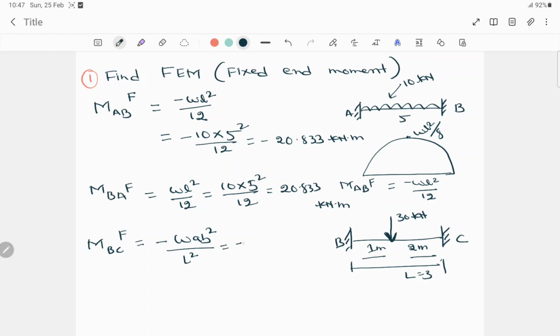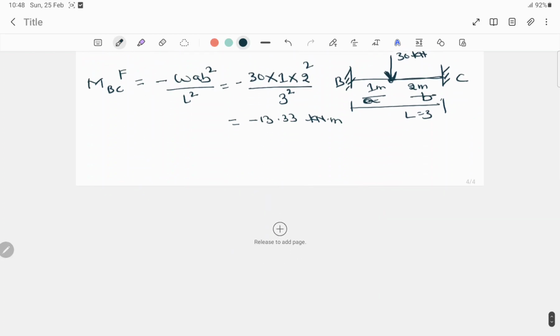Then the value will be minus W is 30, into the distance from B to this point, which we assume as small a, and from here to here we assume as small b. Now a is 1, into b is 2 square, divided by L, the total length, that is 3 square. Then we'll get the value around minus 13.33 kilonewton meter.